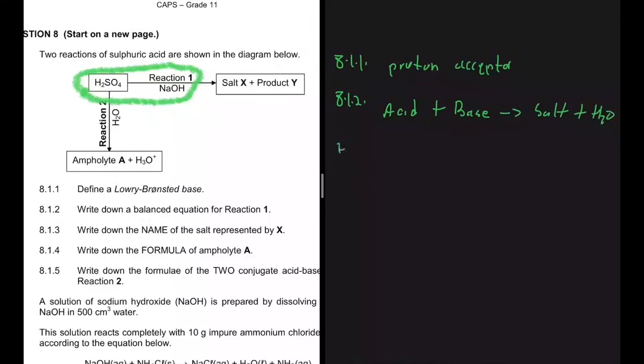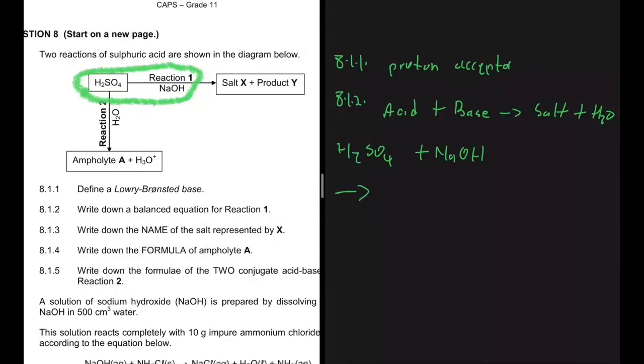So we have H2SO4 plus NaOH, and this will give us something, right? Let me put the arrow here for the sake of space. So we need the acid to donate protons, and then we need the base to accept.